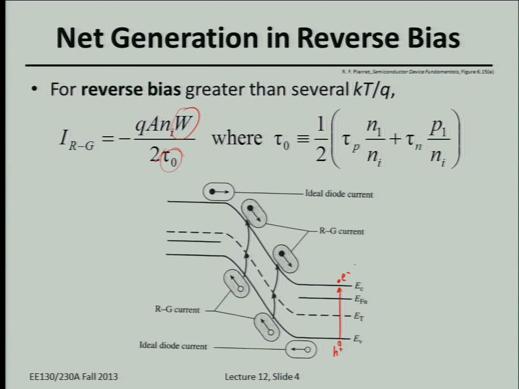So the more often you generate an electron-hole pair, the higher the generation current. Notice it's negative. So that explains qualitatively why the current under reverse bias isn't flat. It actually increases to become more and more negative as you increase the reverse bias. Any questions on this non-ideality? No.